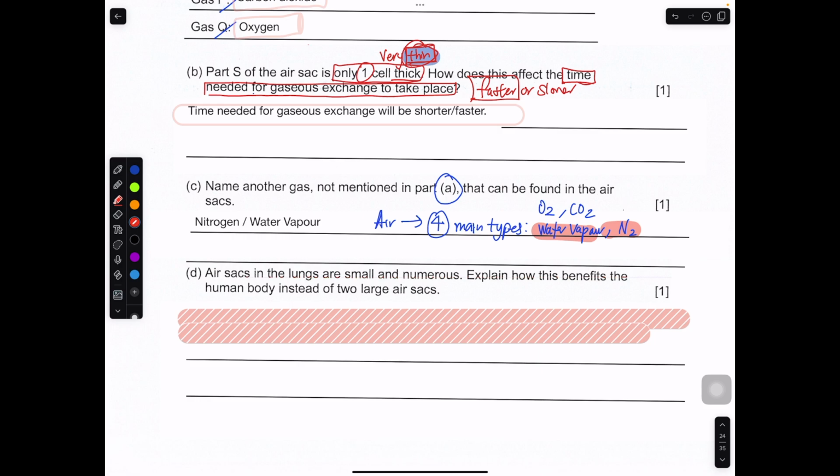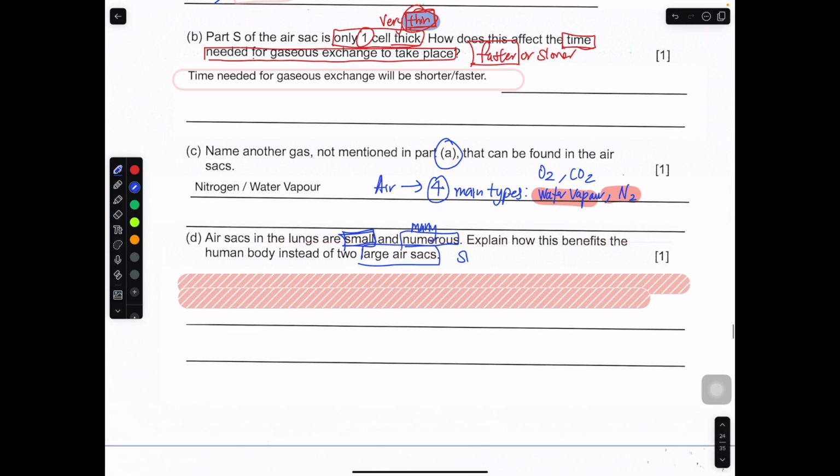The air sacs in the lungs are very small, very numerous, so many, and they are small in size. So when there's many and small in size, how would this benefit instead of having 2 large air sacs? This is actually a surface area question, and it's exposed surface area because we are talking about gas versus your liquid, which is your blood.